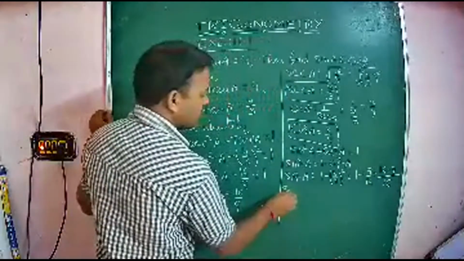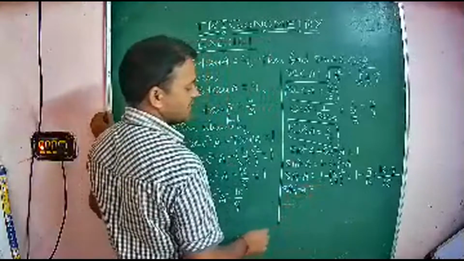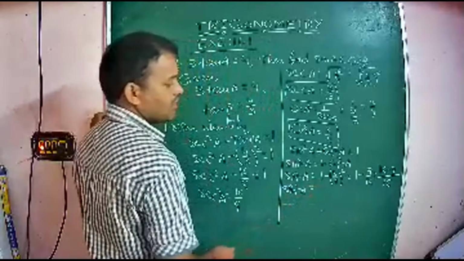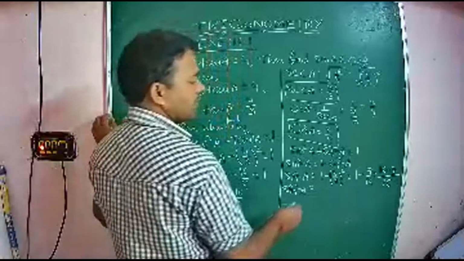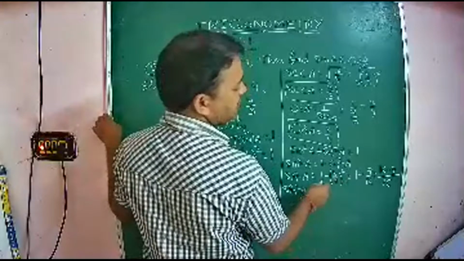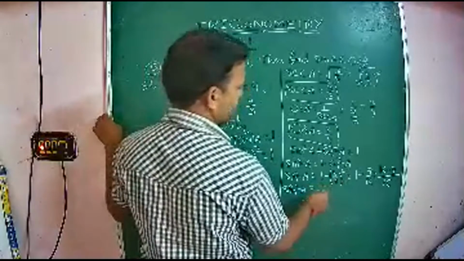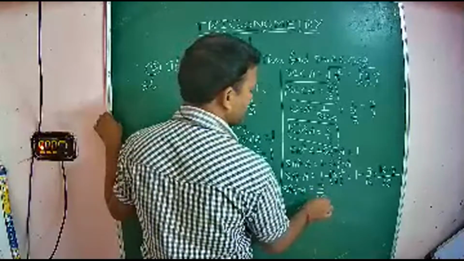Now sin square A is equal to 16 minus 9, how much? 7. So 7 by 16.